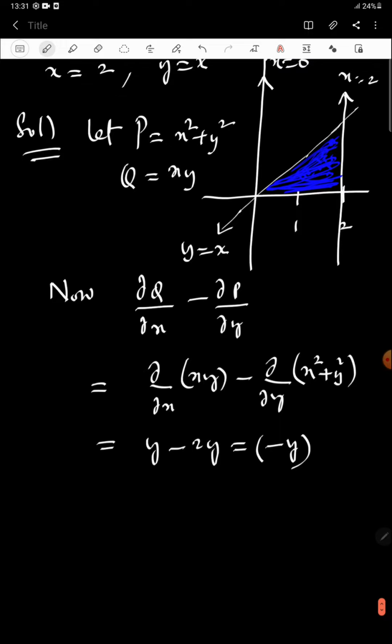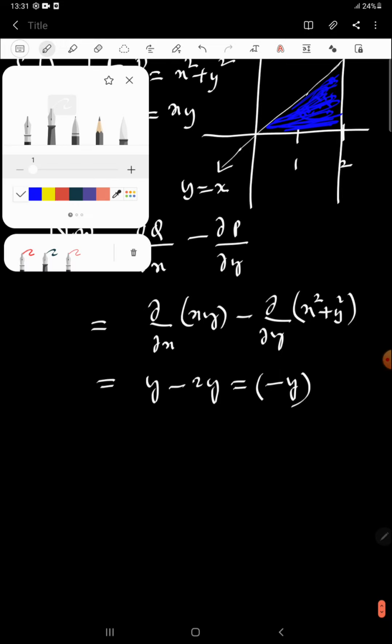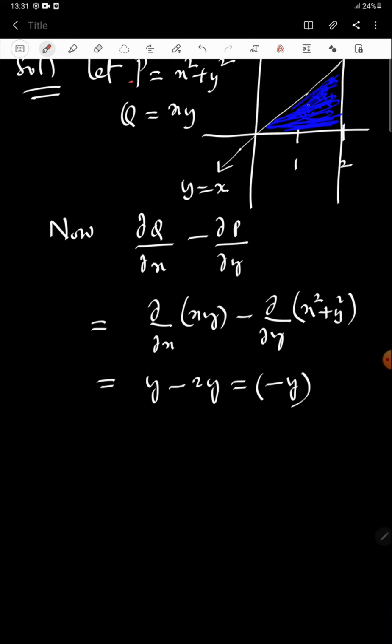Now what are the limits of the region? I explained in the previous video on multiple integrals. I will take a strip parallel to the y-axis. It starts at this and ends at this one.